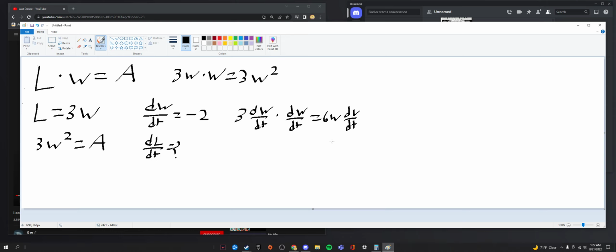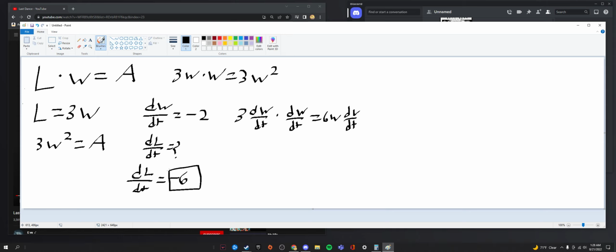So, already we have so much of this equation solved. We know dw on dt. We can just plug that value in. -2 times 3 is -6. Automatically, dl on dt is just equal to -6.